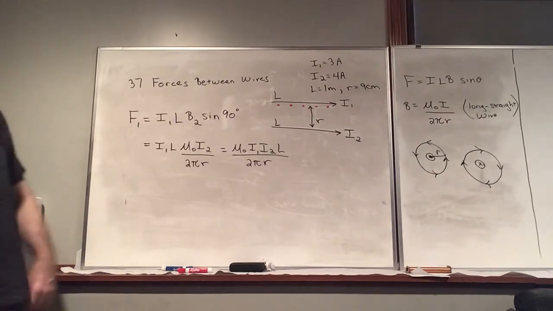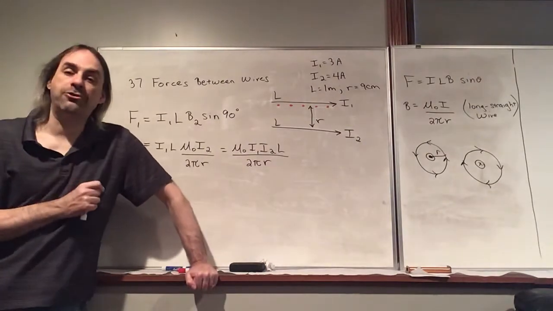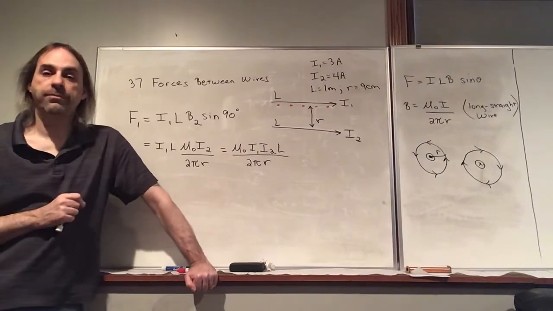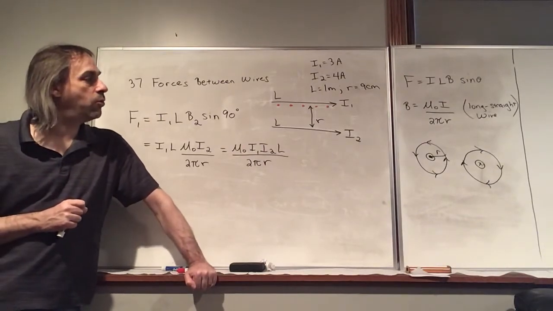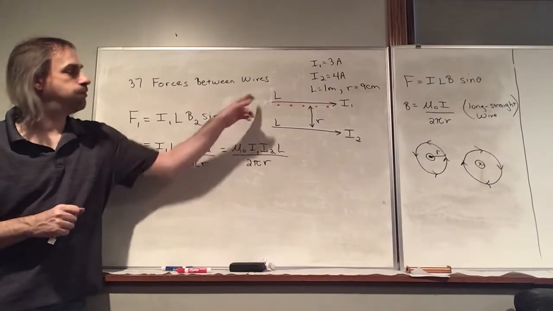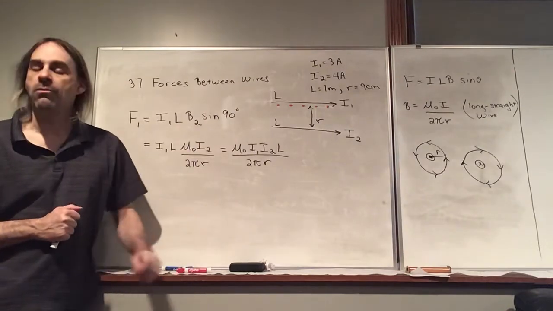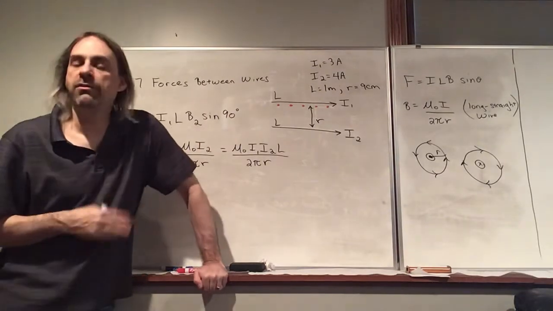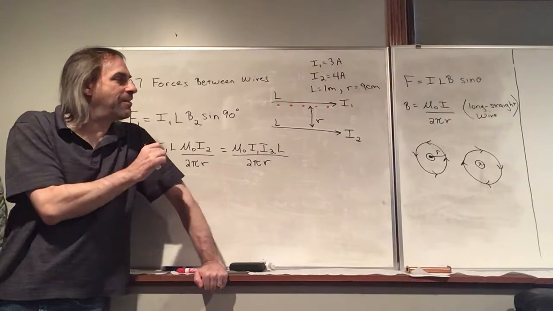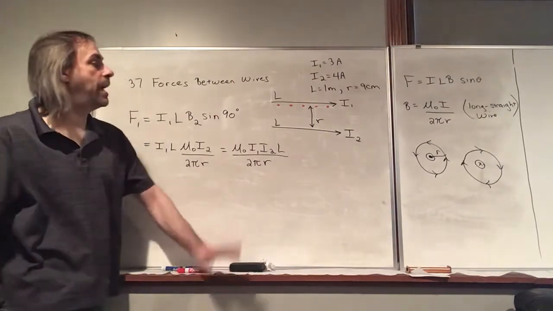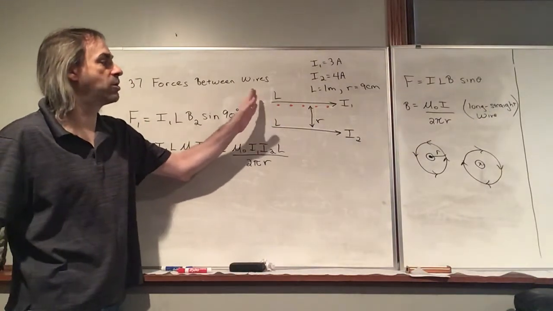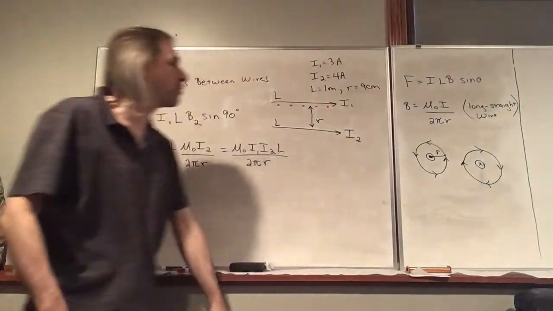Okay, now we also want to know the direction of the force. So let's look at this current going to the right. Remember, just in general from the right-hand rule, we consider a conventional current. Say this current is composed of positive charges moving to the right.